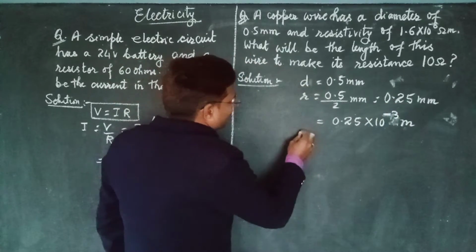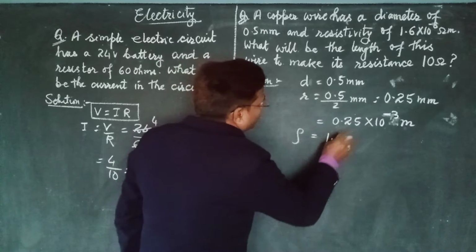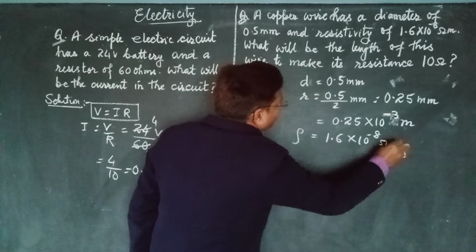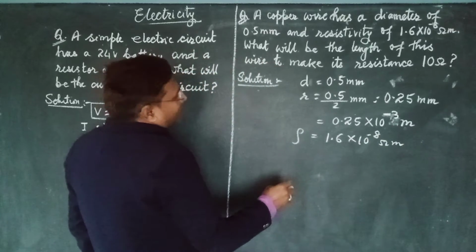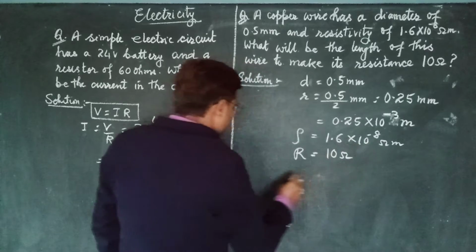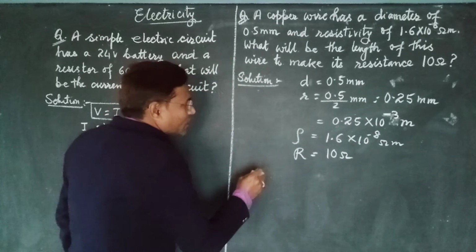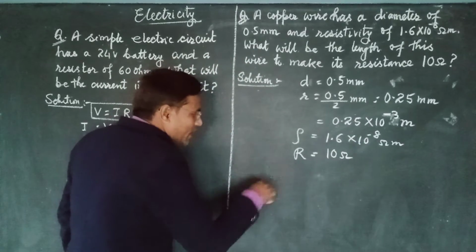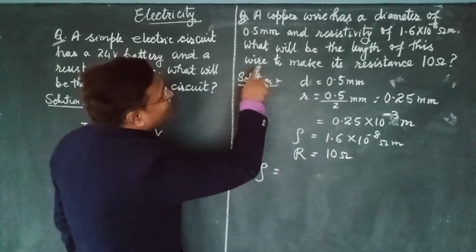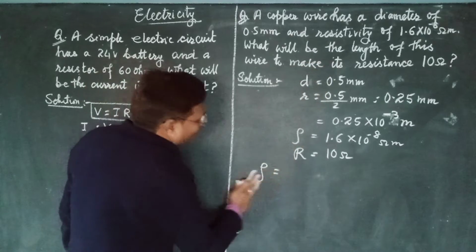And resistivity is given to us as 1.6 into 10 to the power minus 8 ohm meter. We are given resistance as 10 ohm. I had already told you that R is equal to rho L by A, where rho is resistivity. We have to find the length of the wire.